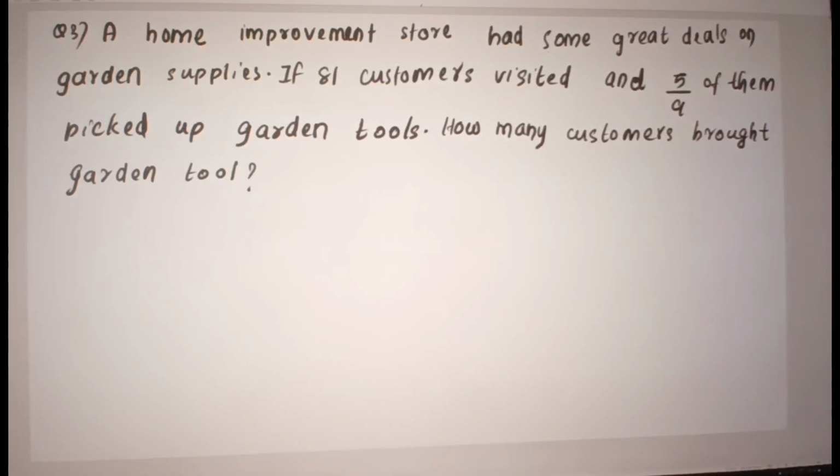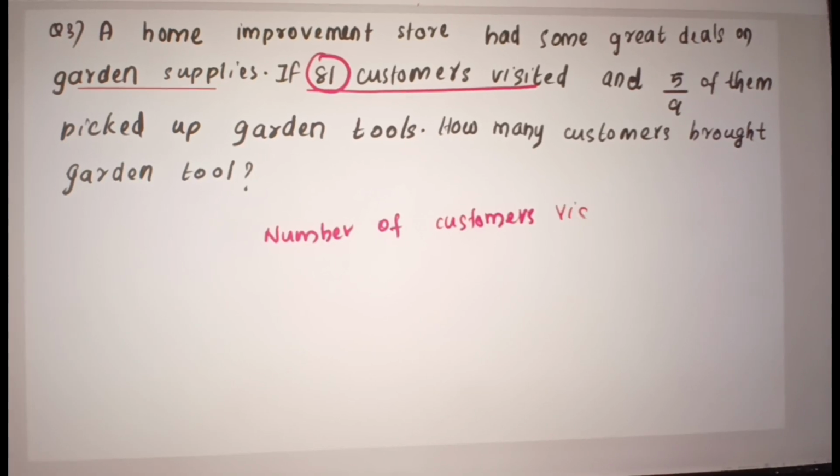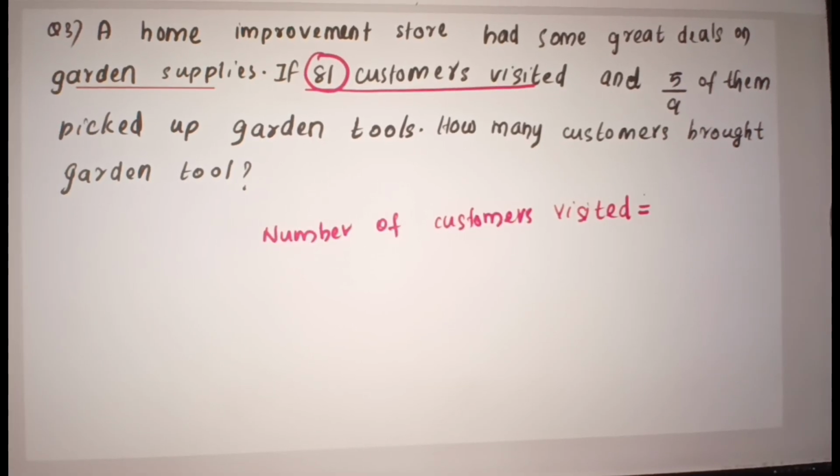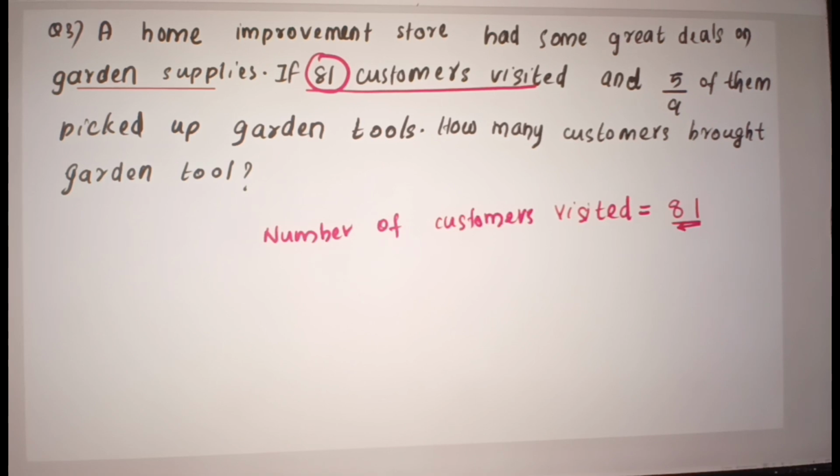Okay, so next problem. A home improvement store had some great deals on garden supplies. If 81 customers visited, what does this 81 show? The number of customers visited. It is given that 5 out of 9 of them pick up garden tools.